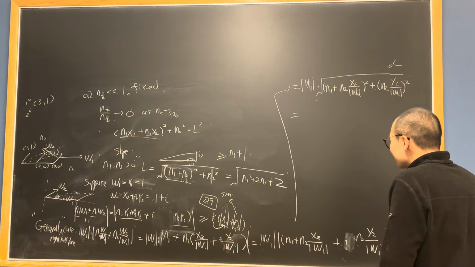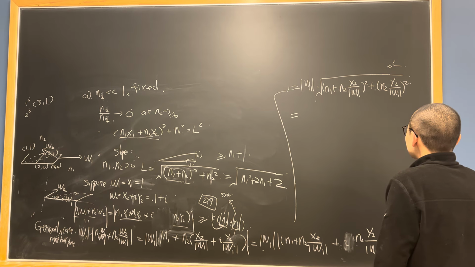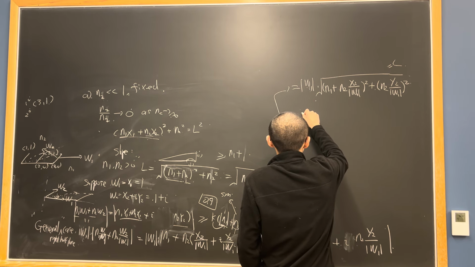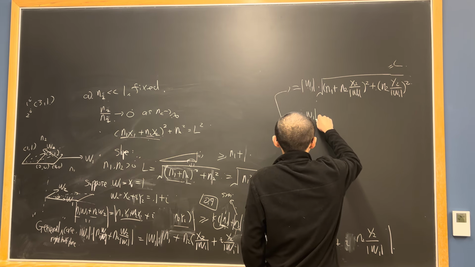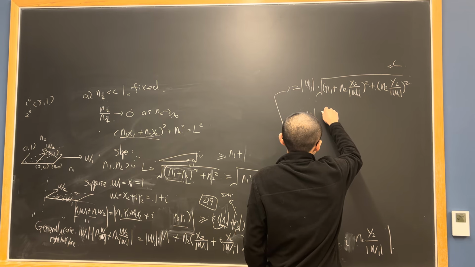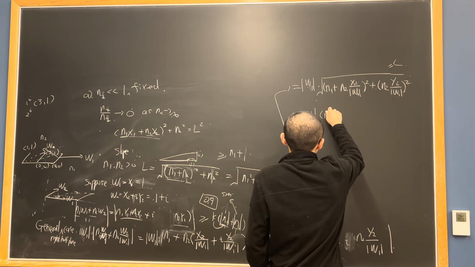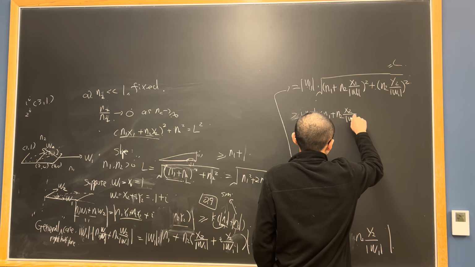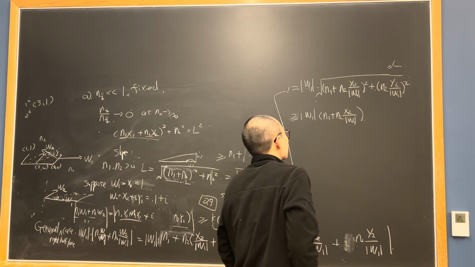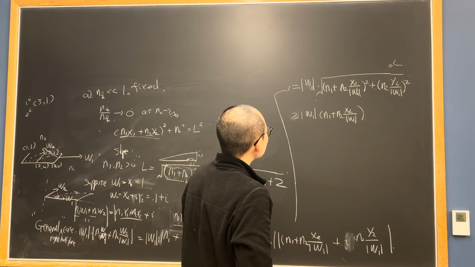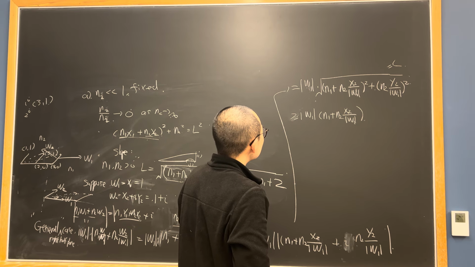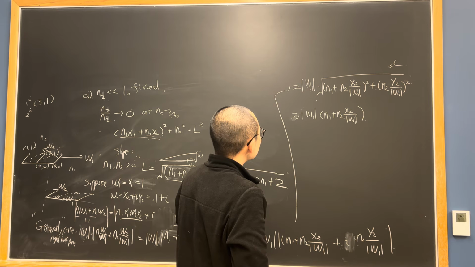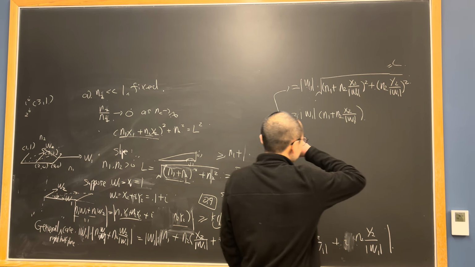Okay, so since I'm assuming that this N1, N2 are all positive, I think I can do another trick: this is bigger than or equal to modulus of omega 1 times just the N1 plus N2 x2 over modulus of omega 1. Yes, okay.